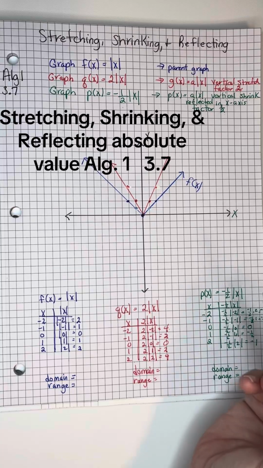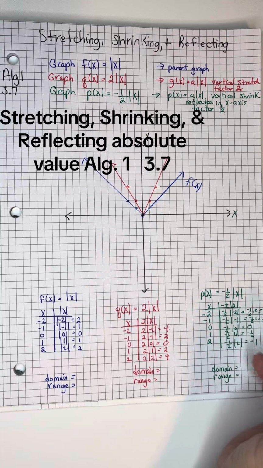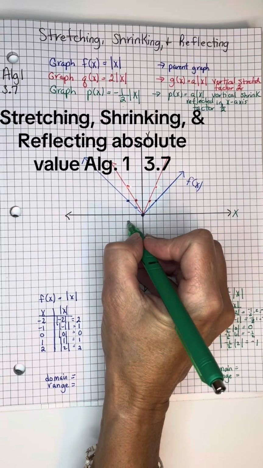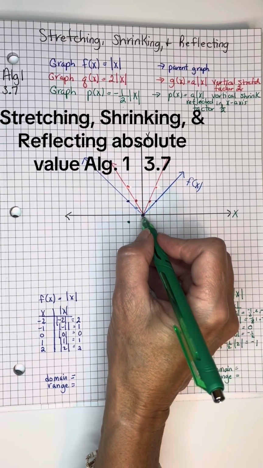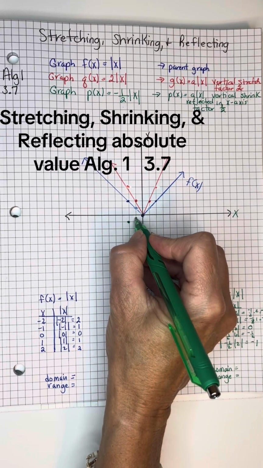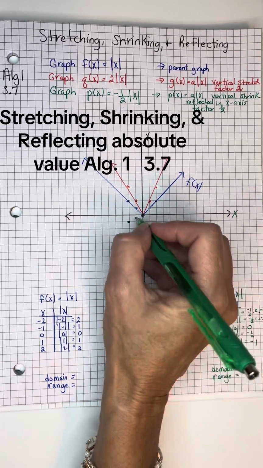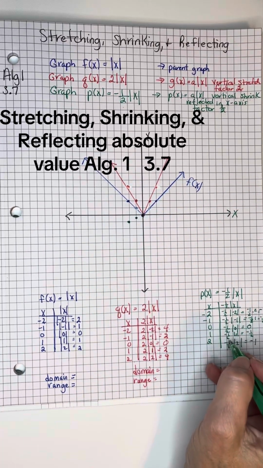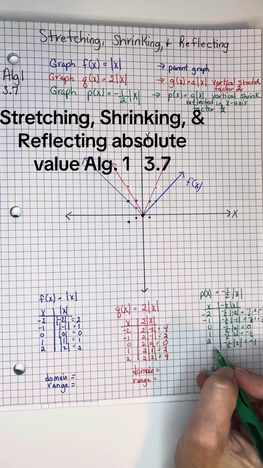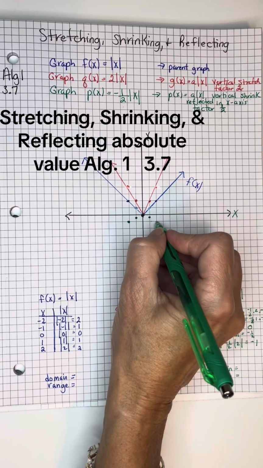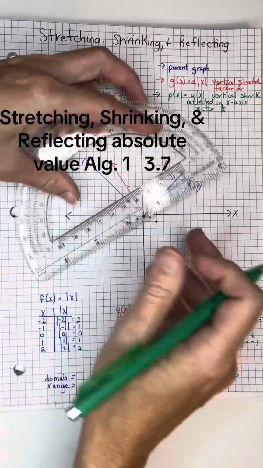All right, so let's go, excuse me, -2, -1 here. -1, -1/2 would be right about here. 0, 0. And 1, -1/2, and 2, -1.